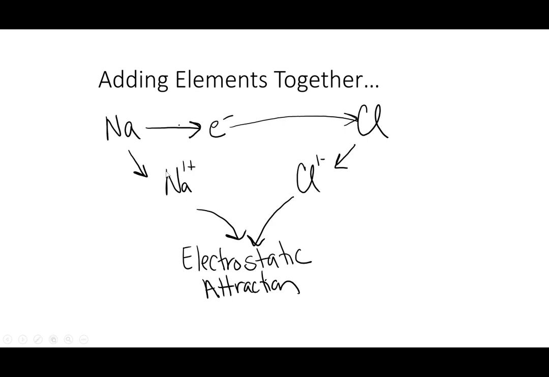So this positive 1 from sodium is attracted to negative 1 of chlorine, very much like a magnet sticks together. Sodium and chlorine will come together to form a compound. The chemical or ionic formula for sodium chloride is just NaCl.